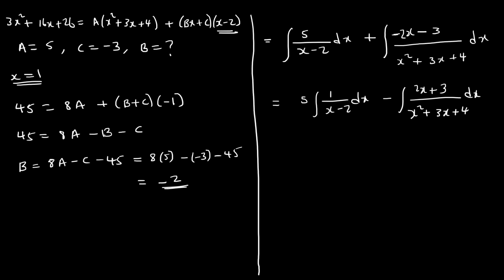So that's why this is a ln, because the function x minus 2, the derivative is 1. So the function x squared plus 3x plus 4, the derivative is 2x plus 3. So now we have ln. So this will be 5 ln x minus 2. This one will be minus ln x squared plus 3x plus 4.